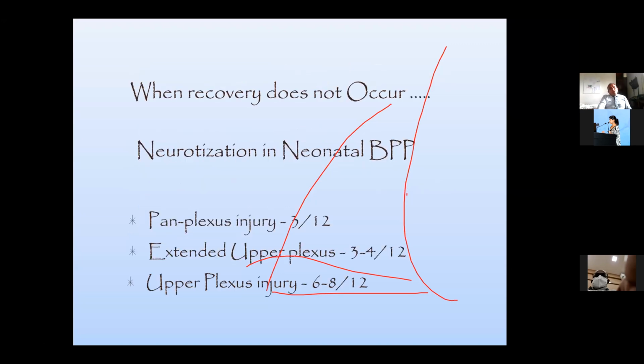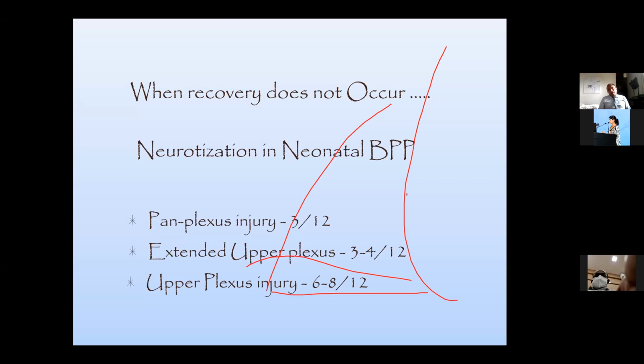When the recovery does not occur, especially in pan plexus injuries, we cannot expect a recovery. But there could be occasional cases of neuropraxia, but if they are not recovering by 3 months, we have to go for surgical intervention for obvious reasons, because there's no way, even in the West, even in the developed countries, to delineate the level of injury by MRI scan.